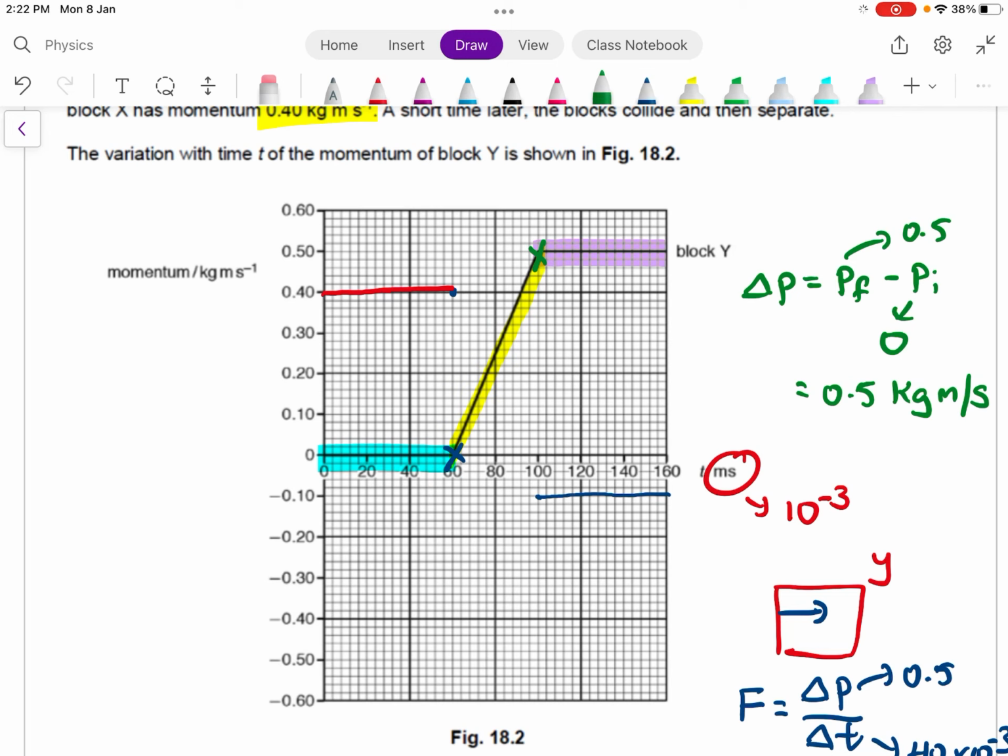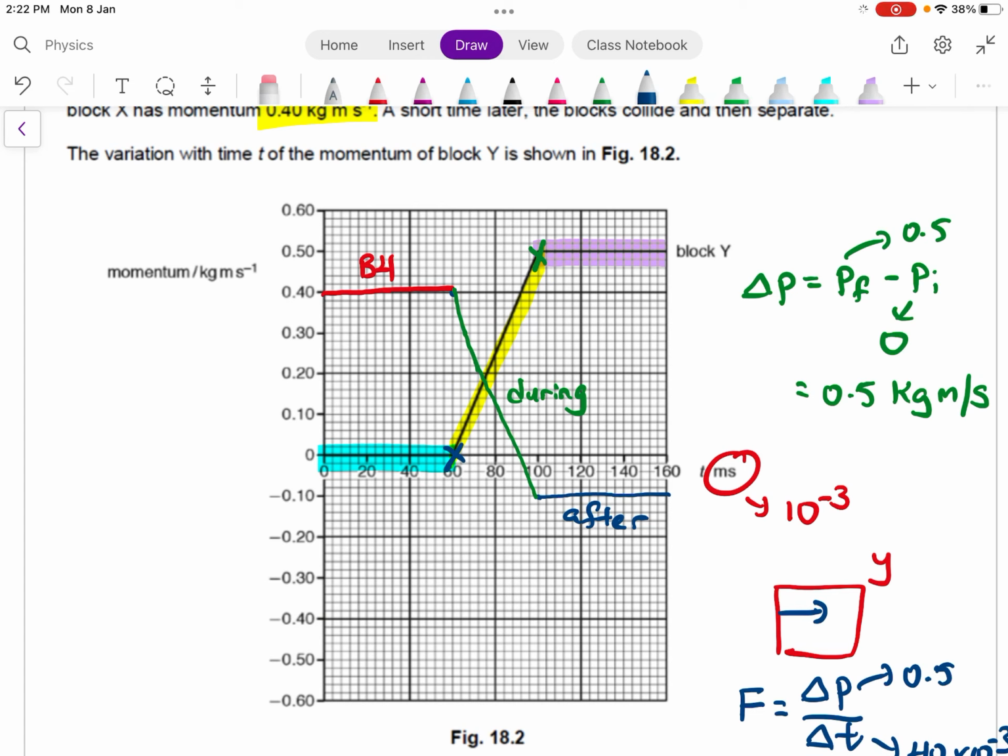I don't use a ruler right now, but of course on your notes, just use a ruler to connect. So this will be the momentum of X before collision, this is during collision, and then this will be after collision. Okay, so that is how you actually draw the momentum-time graph.